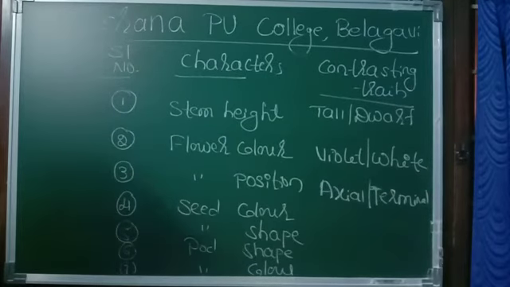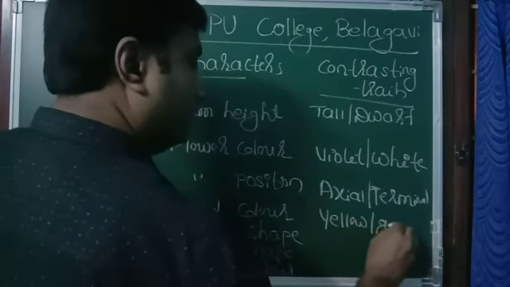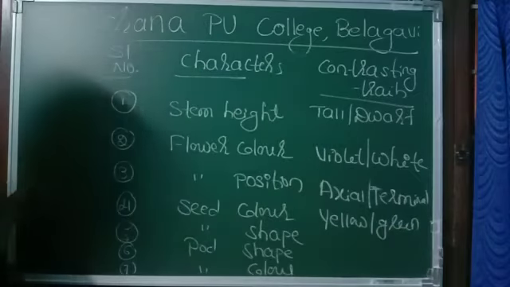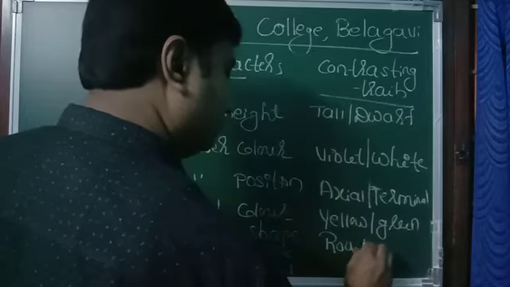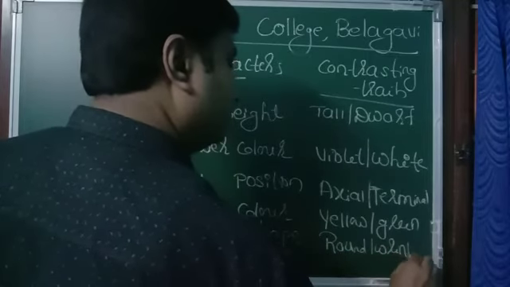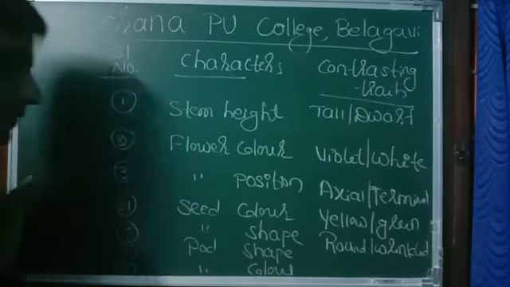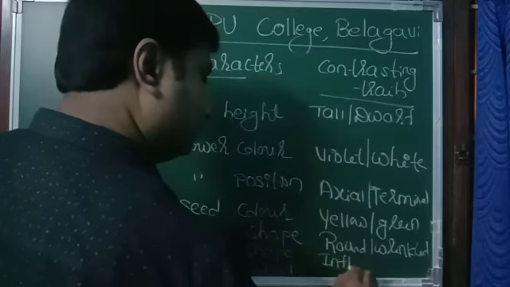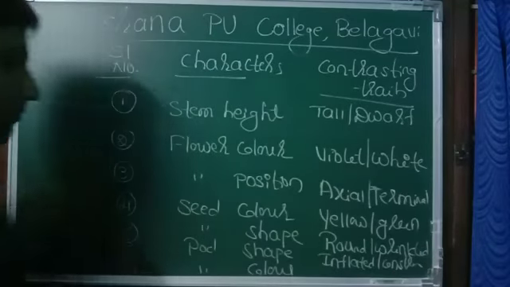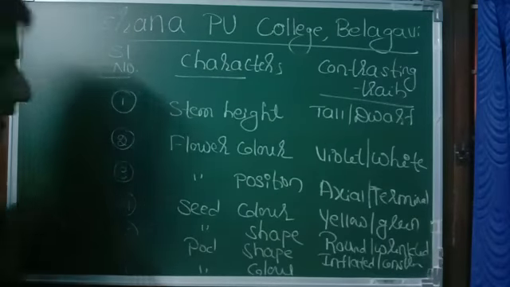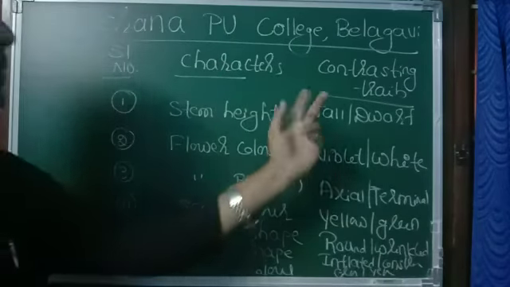Seed color: yellow or green. Seed shape: round or wrinkled. Pod shape: inflated or constricted. Finally, pod color: green or yellow. See, there are 2 options for each character.